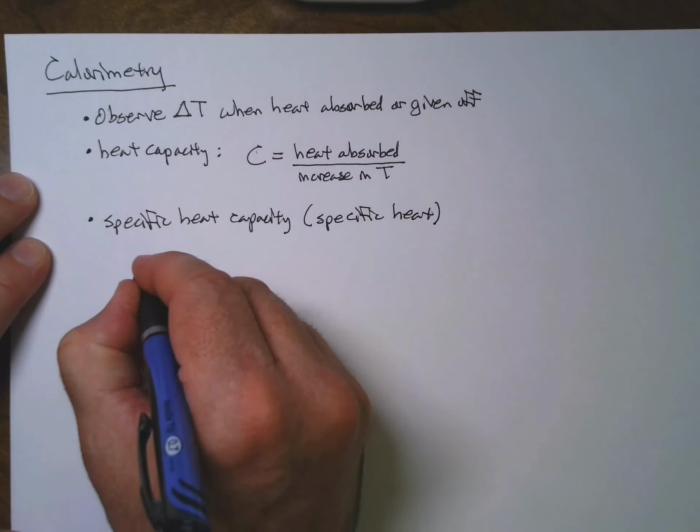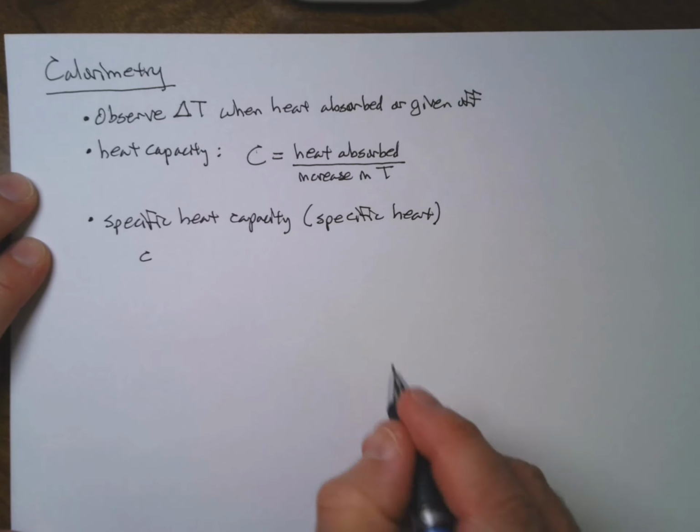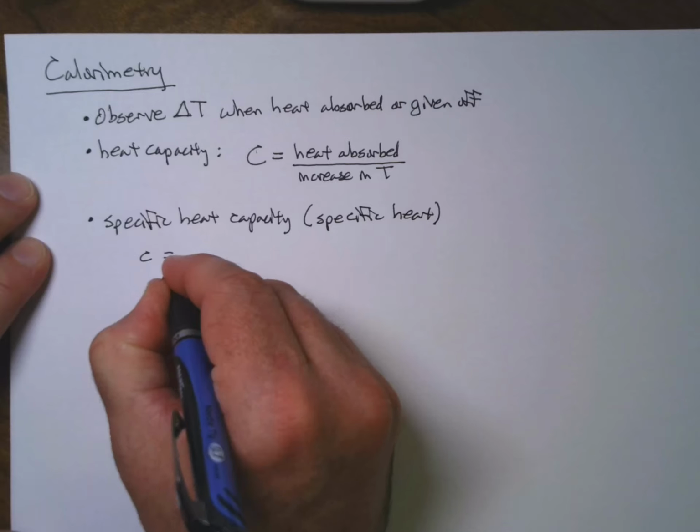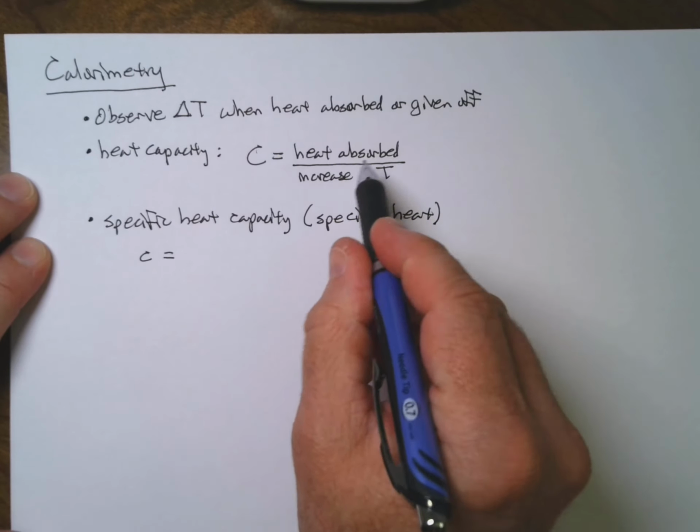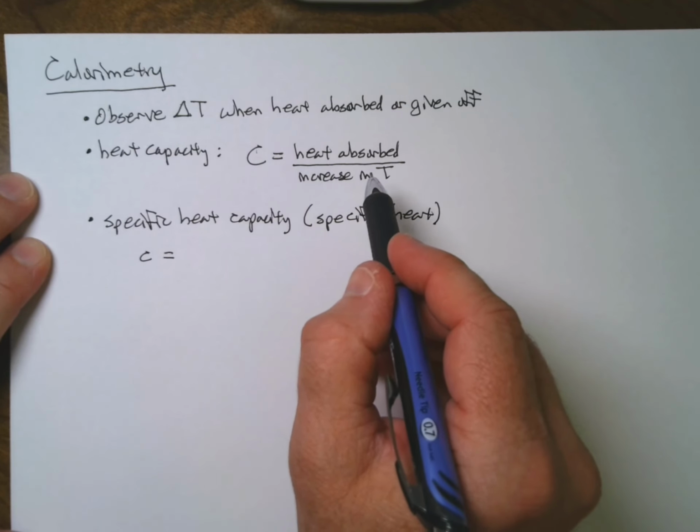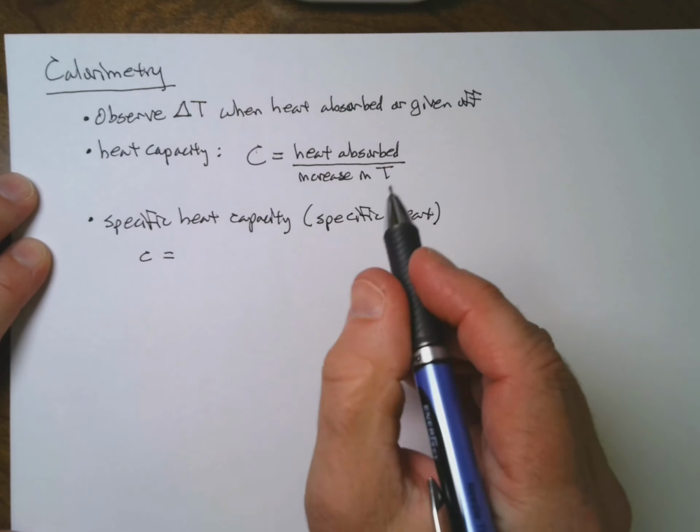Now our specific heat, we'll use a lowercase c, is going to be heat absorbed divided by increase in temperature per gram.